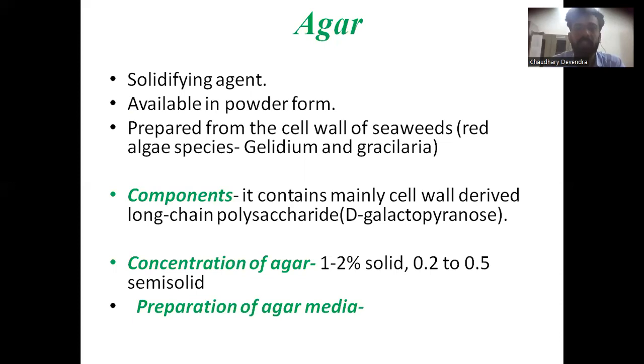So agar is a solidifying agent, available in powder form, prepared from the cell wall of seaweeds, red algae species Gelidium and Gracilaria. So this is about agar. What are its components? It contains mainly cell wall derived long chain polysaccharides like D-galactopyranose. So this is important. What is the composition of agar?